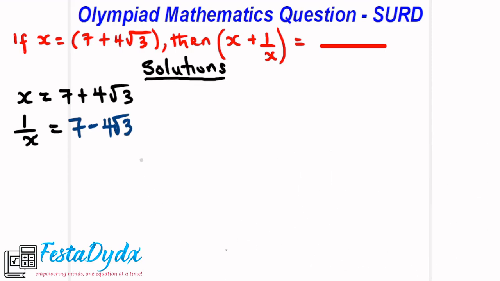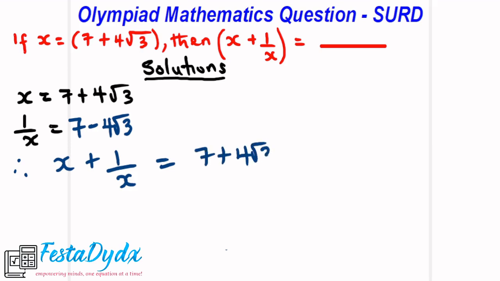So now that I've gotten the value for 1 over x, therefore x plus 1 over x is equal to, the value for x from the question is 7 plus 4 root 3. Then we have plus 1 over x, what do we have now as 1 over x? 7 minus 4 root 3. So now what we have to do is simplify this, collect like terms.